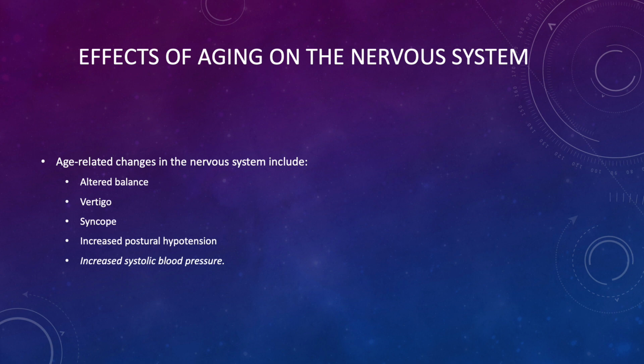So you have to have increased systolic blood pressure to get that blood flow circulating throughout your body to feed your body and to supply it with oxygen and blood like it needs. So the biggest deal here, even though we have all of these other nervous system issues, is the increase in systolic pressure, because that is nearly 100% the case across the gamut of people aging, specific to nervous system function.